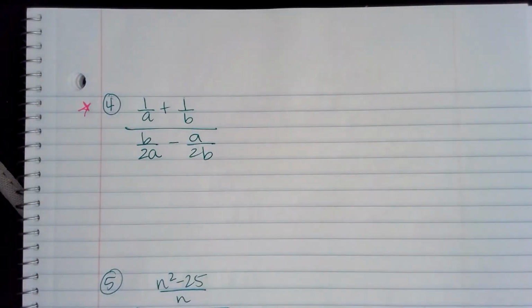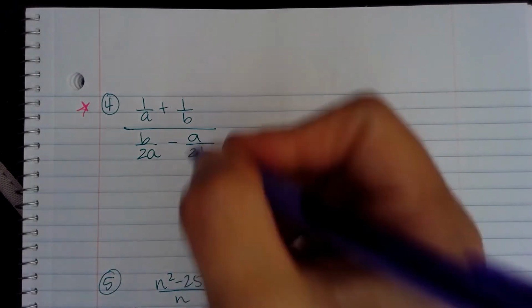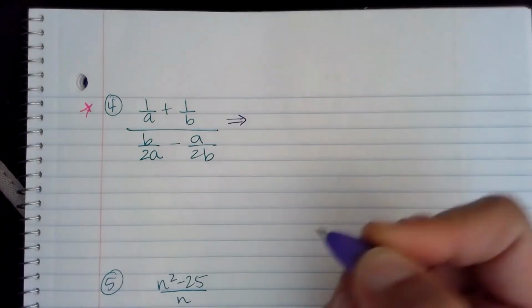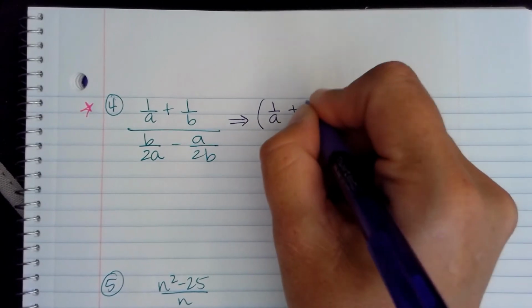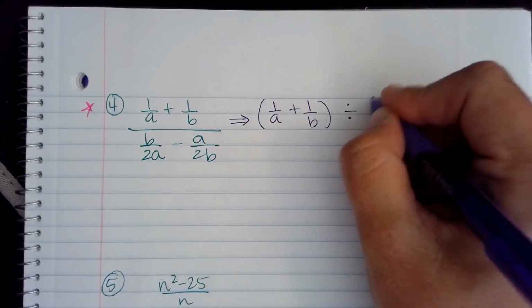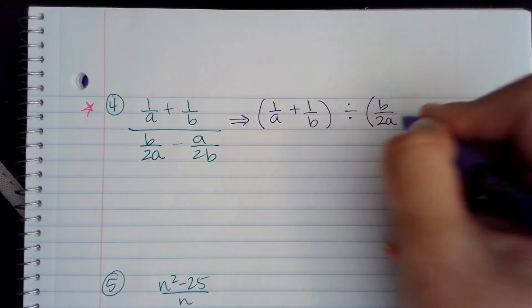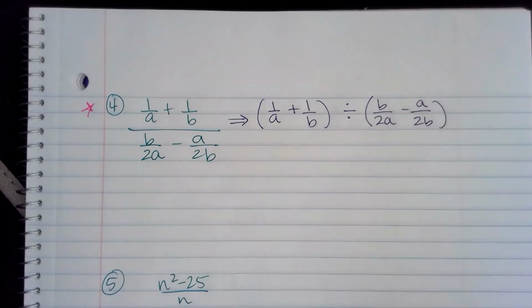Okay, you guys are going to try that one. All right, let's see it. So I rewrite it. So first I have 1 over a plus 1 over b divided by b over 2a minus a over 2b.